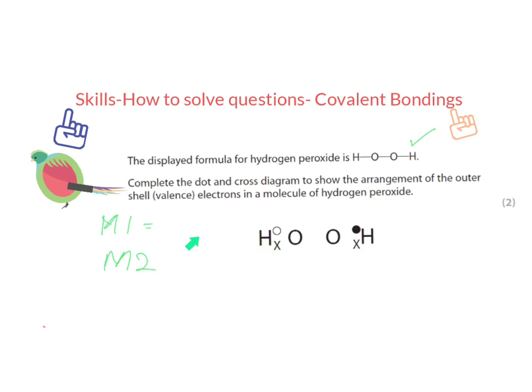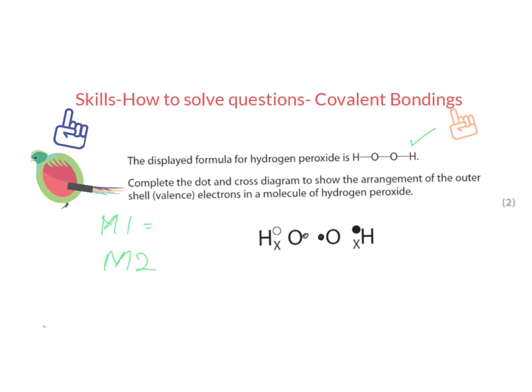Now I'm going for the first mark, which means I have to complete the bonded pairs of electrons. Suppose this is the electron of one oxygen, and this is the electron of the other oxygen, which is empty.